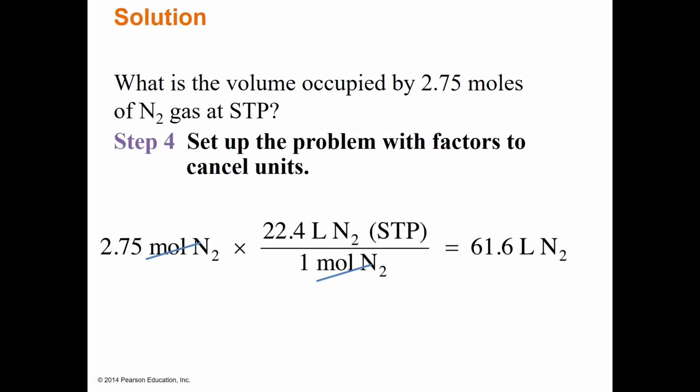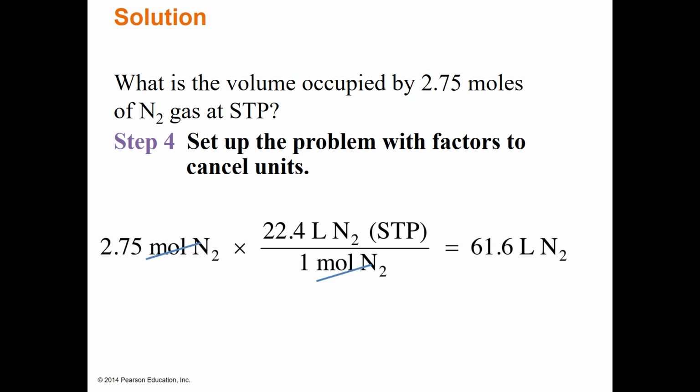So 2.75 moles. You're trying to find molar volume at STP. You know 1 mole occupies 22.4 liters, the conversion factor we just looked at. This and this cancel, and you'll have your answer in liters. And the answer is 61.6 liters of nitrogen.